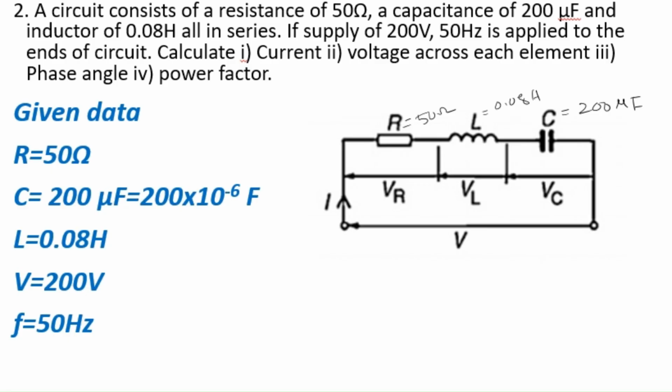Now here we need to find the value of current. The given data is R is 50 ohms, C is 200 microfarads, micro is nothing but 10 power minus 6, inductance L equals 0.08 henries, voltage is 200 volts and frequency is 50 Hz.